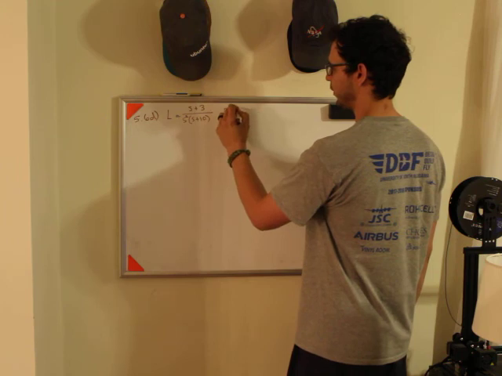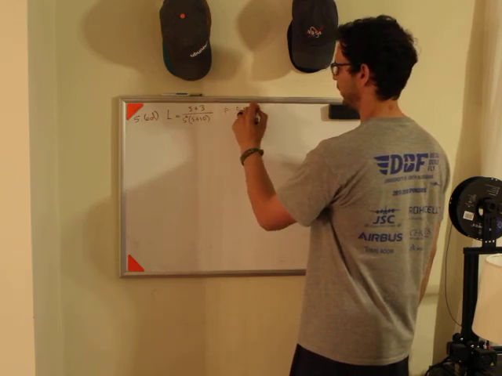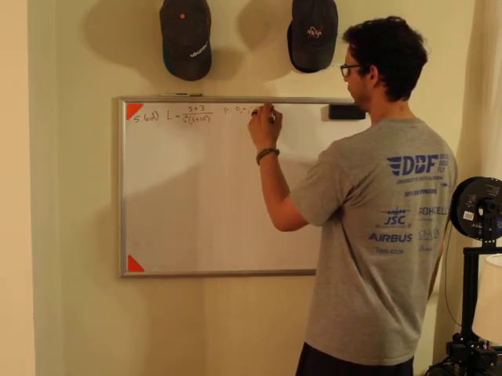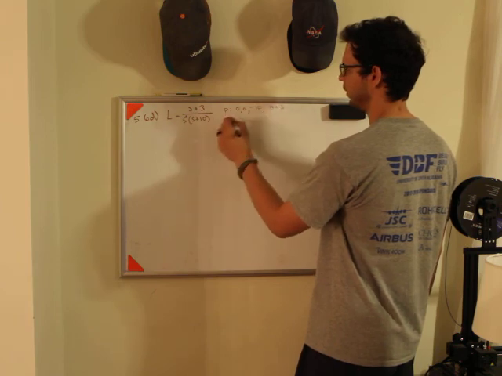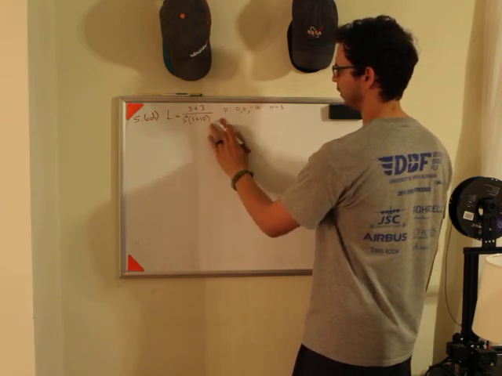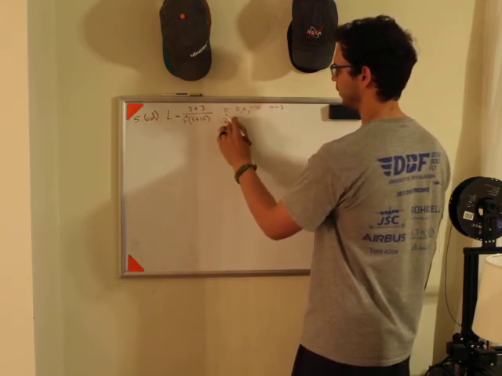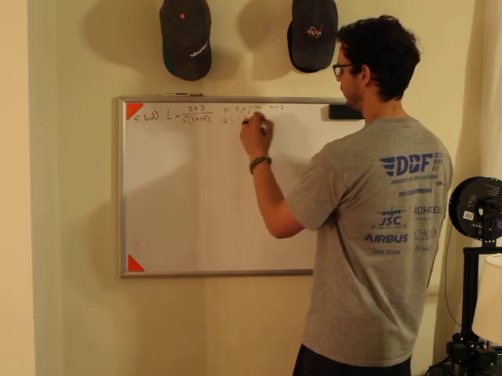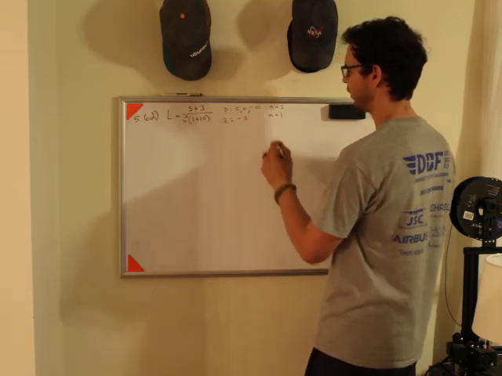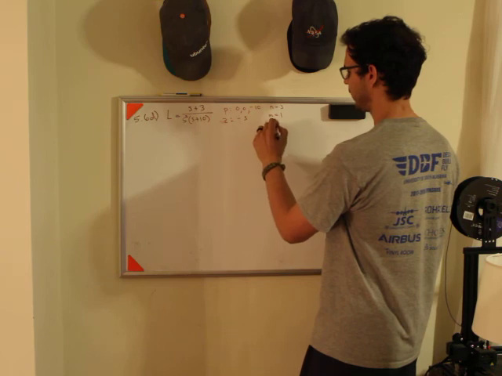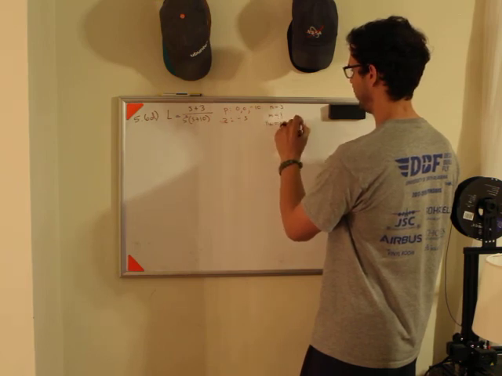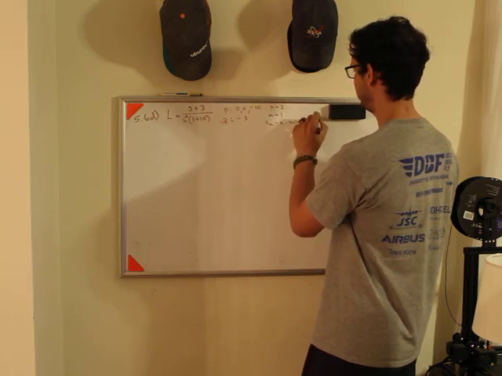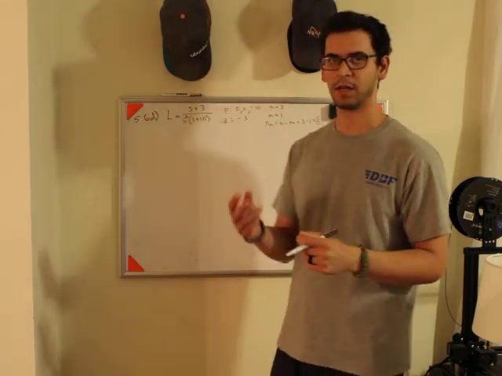The poles are 0 and 0 and negative 10, so there are 3 poles, which means n is 3. The zero is negative 3, so the number of zeros m is 1. That means the number of asymptotes, n minus m, is 3 minus 1, which is 2. So we're going to have 2 asymptotes.